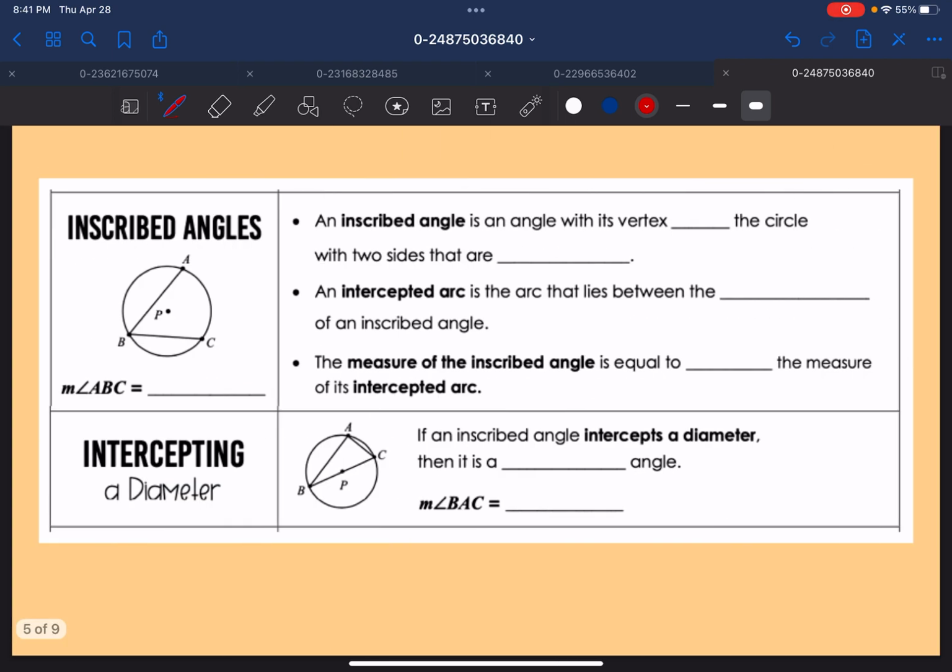So let's move on to the next one and talk about our inscribed angles. You learned the other day through your vocabulary activity that inscribed angles have an angle where the vertex is on the circle. And instead of the sides being radii this time, you can see in the picture here that the sides of the angle are going to be chords.